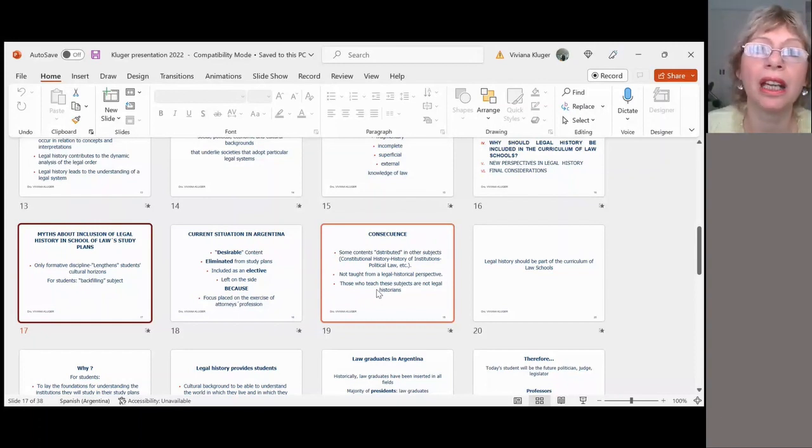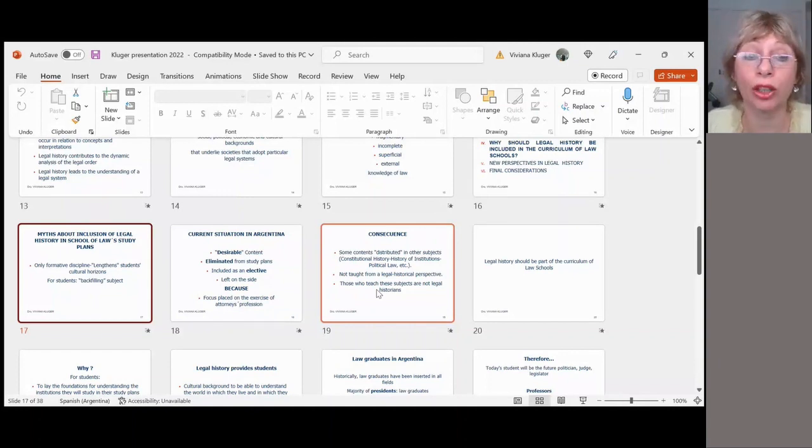And what is the current situation in Argentina? In Argentina, legal history is a desirable content that should be eliminated from study plans or included as an elective subject, that it has been a subject that has been left on the side because the emphasis, the focus is placed on the exercise of the attorney's profession.